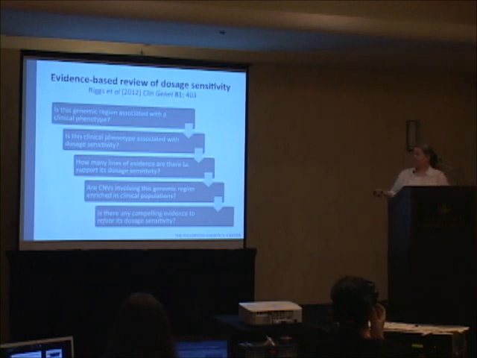We ask how many lines of evidence there are to support its dosage sensitivity, and this is important because there are quite a few case publications out there that are just coincidental observations. So a patient with a particular phenotype has a CNV, and unfortunately this gets published, and it is returned on every PubMed search, including the one that the patient does and the physician does, and it may not in fact be relevant to that syndrome.